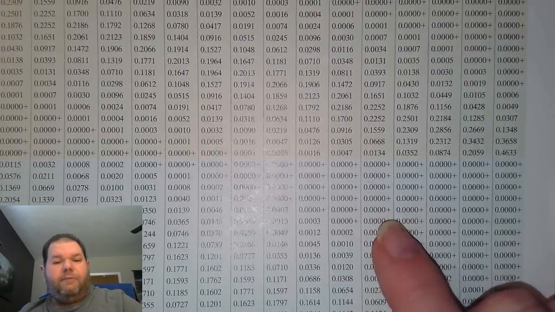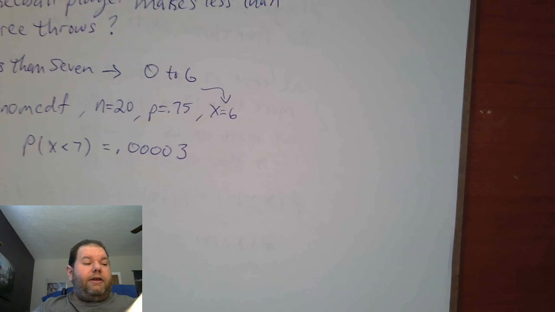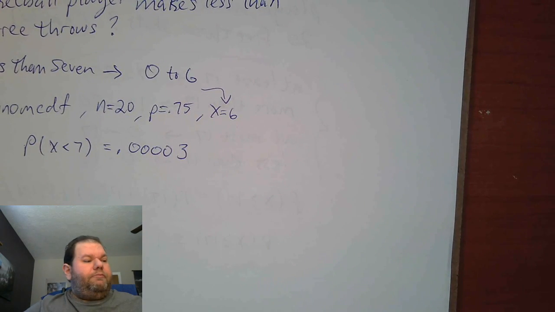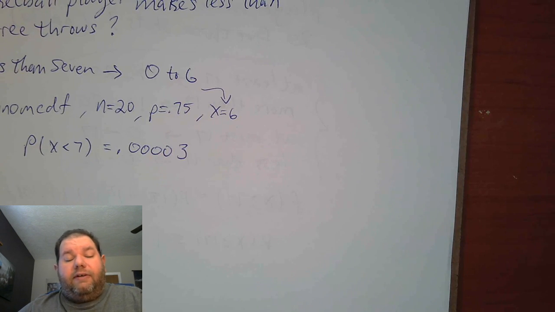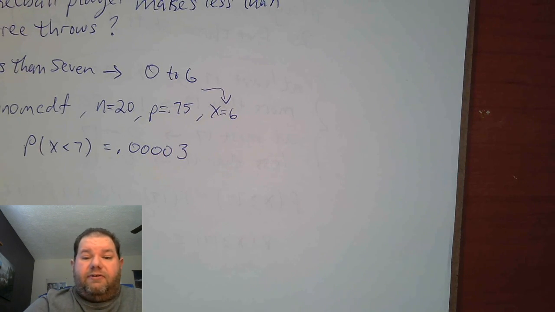The plus means it's approximately 0, because it actually goes on. The decimal does go on beyond that, but it's such a small number that in order to save space in the textbook, they just didn't even write this down.